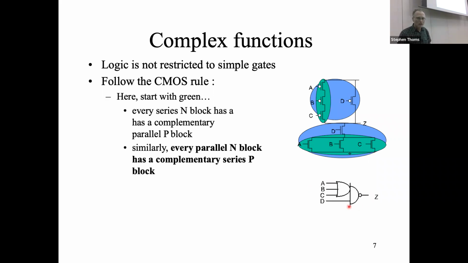So let's look at this logic function here, which is A, B, C all ORed together, and then the output of that ANDed with D and then inverted. Okay, so that's a relatively complicated logical function.